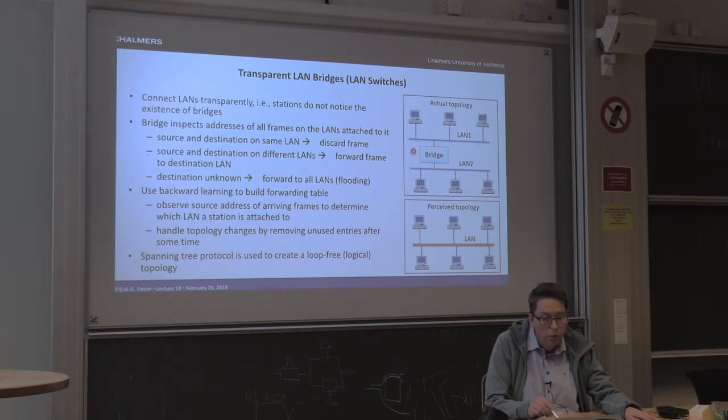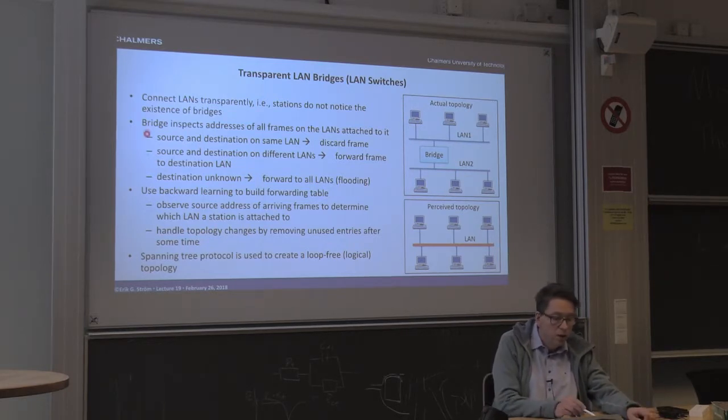We can put in a router if we like, but it's easier to put in a bridge. A bridge magically works to connect this into a logical large local area network. The bridge is transparent to the hosts. The operation of the bridge is invisible to the hosts. The hosts just see a bigger logical local area network. So that's the main idea.